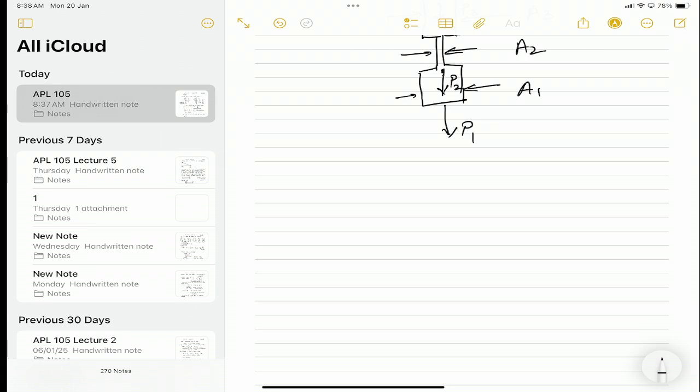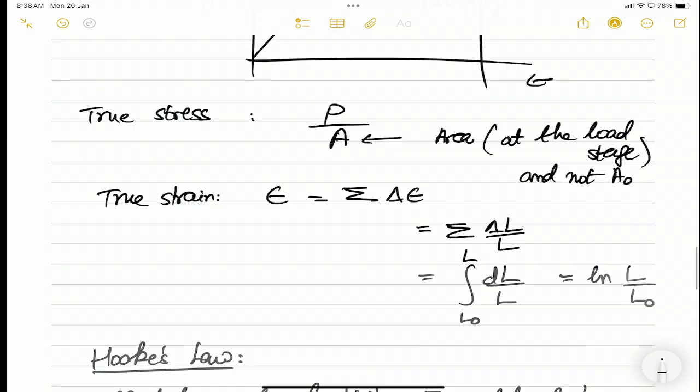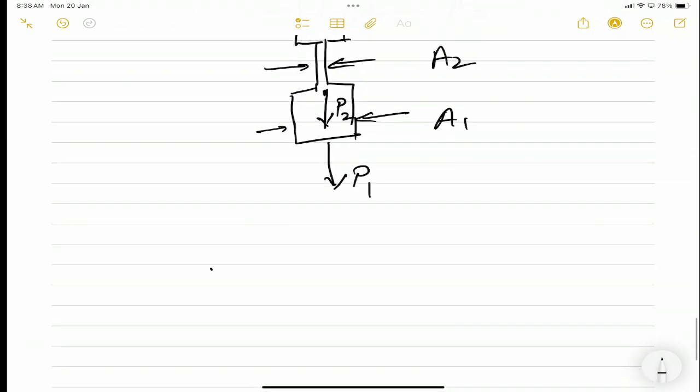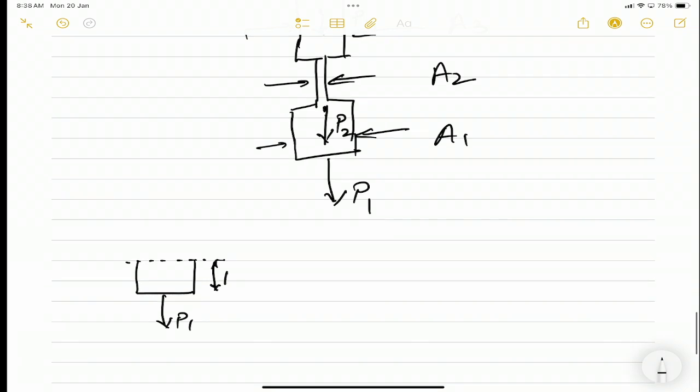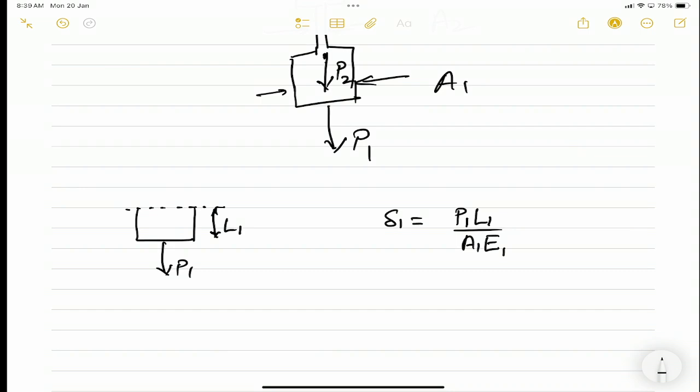If I make a cut section here, and this is L1, the extension of this part will be given by P1 L1 over A1 E1.